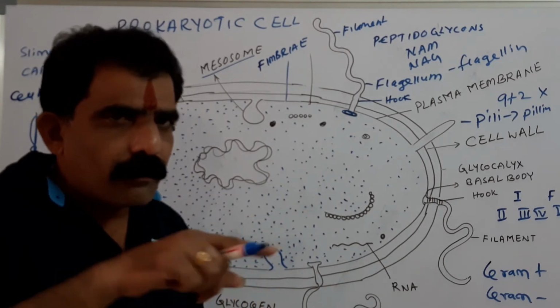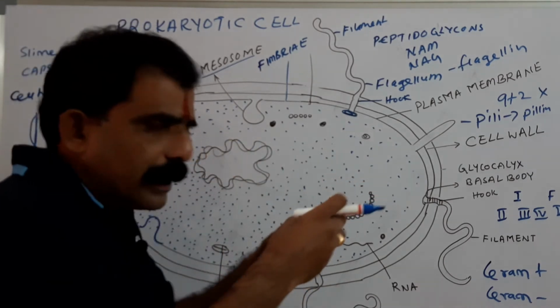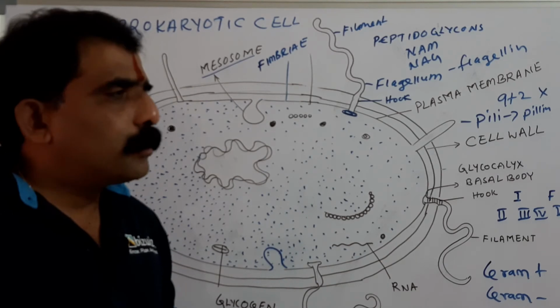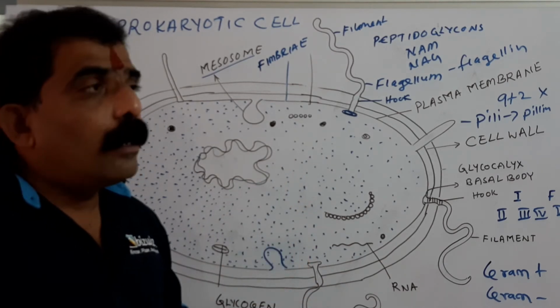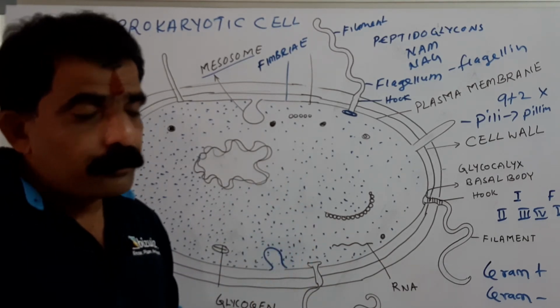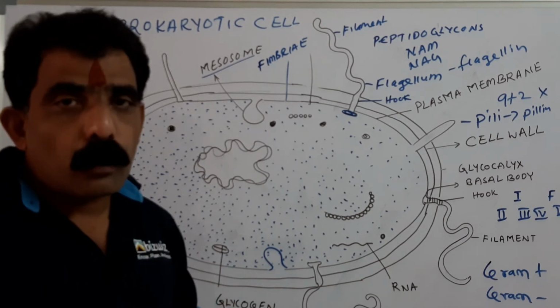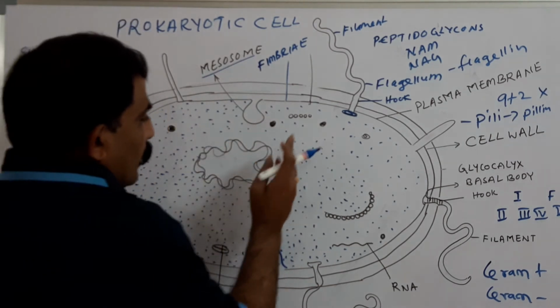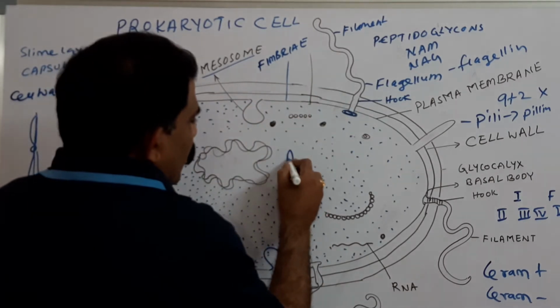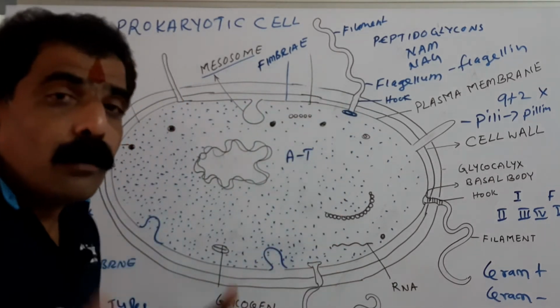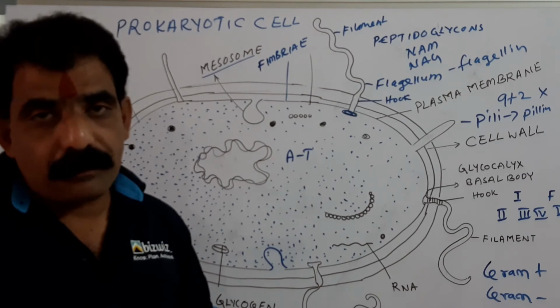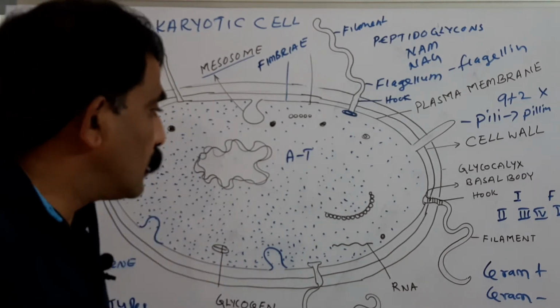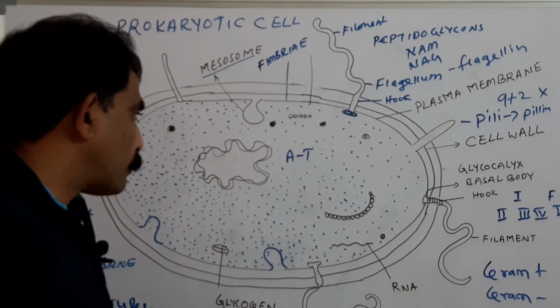This is circular, and both ends are attached, sticky. So this is called sticky chromosome, non-polar chromosome, or bacterial chromosome, which is double-stranded and circular. In the DNA, AT content is more as compared to GC content.